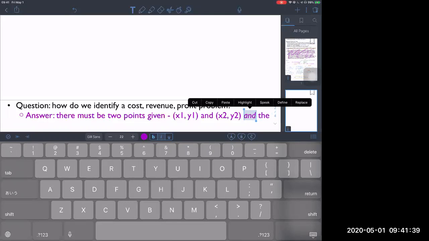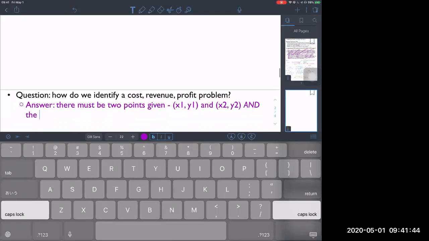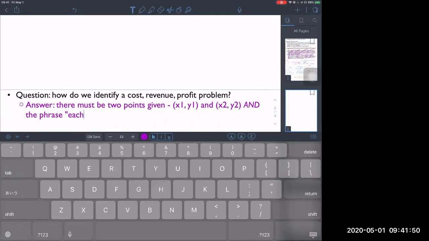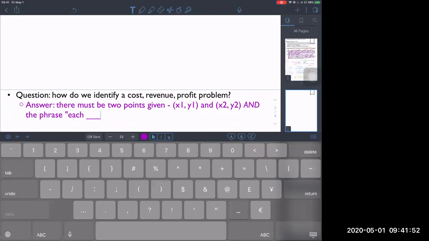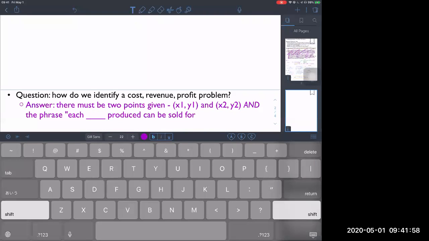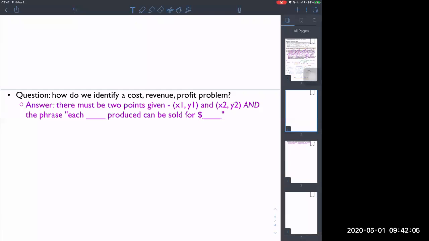But you also want to say AND. This is very critical. Actually, I should write it in capital ANDs. And the phrase 'each blank produced can be sold for so many dollars,' right? Because that gives you the revenue function.